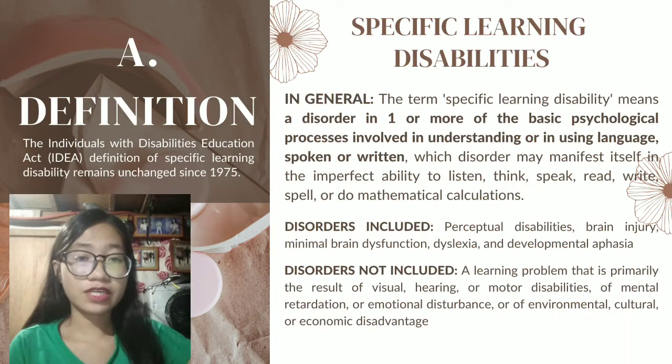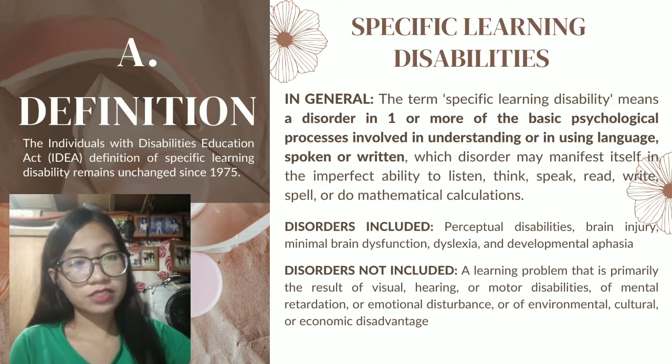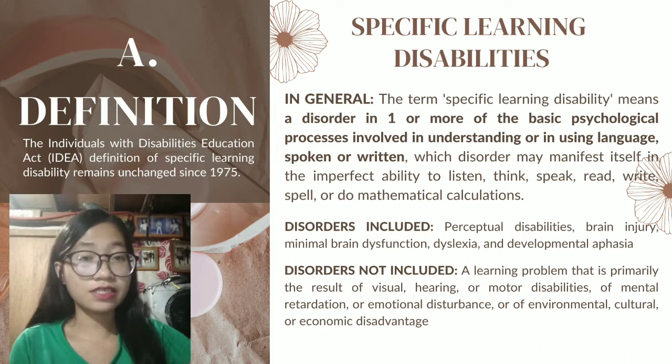So first, let us define what specific learning disabilities are. This definition is provided by the Individuals with Disabilities Education Act, or the IDEA, and this definition remains unchanged since 1975.